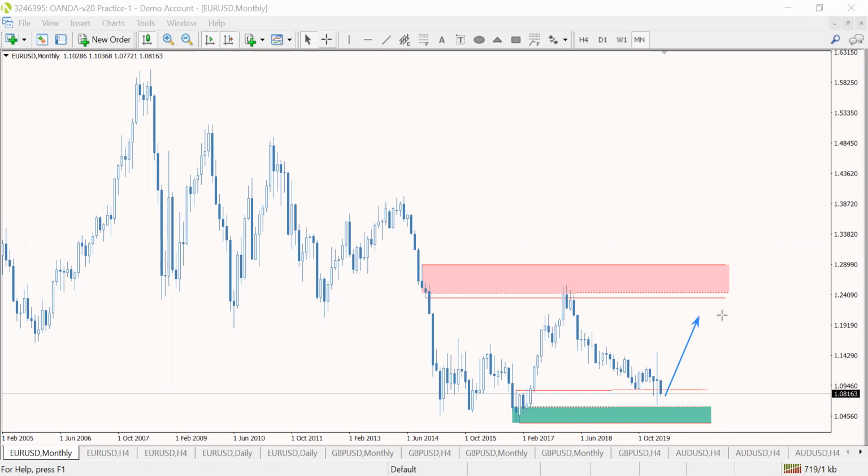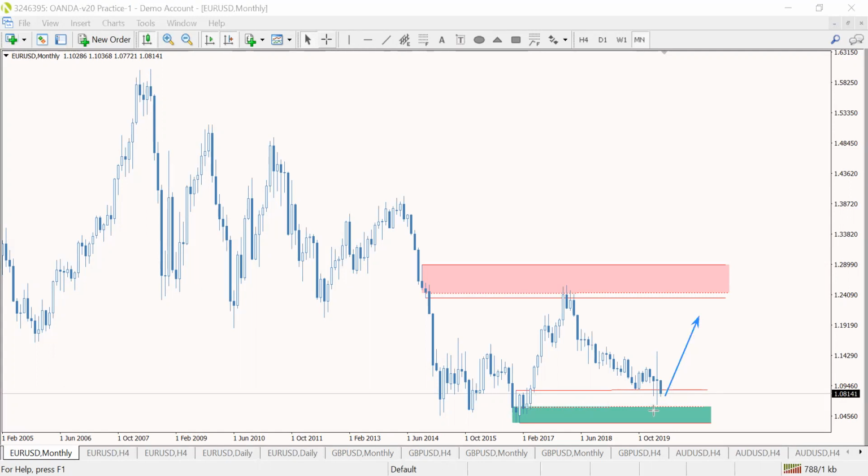Okay, as you can see, this is the third month that this market has been in this area. It doesn't want to go up. Now, the question is, why do we expect the market to go up? The reason we expect the market to go up, as I said, is that this is the area of demand where the euro is in demand.